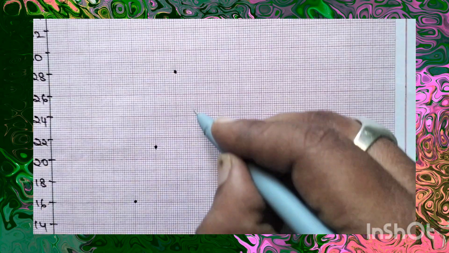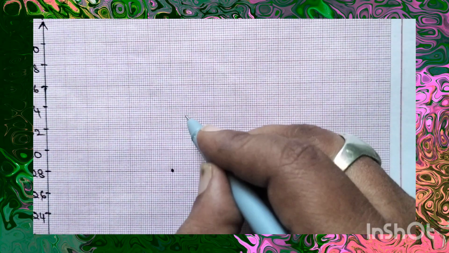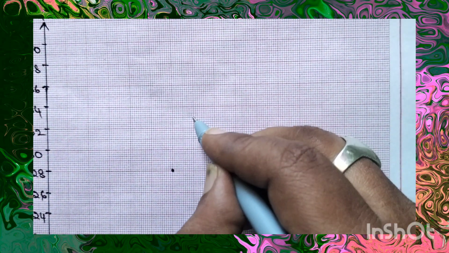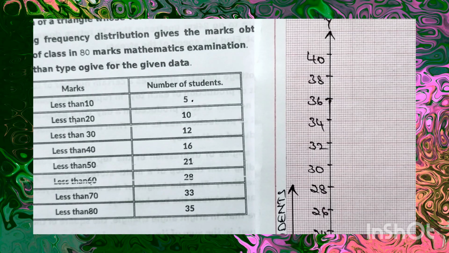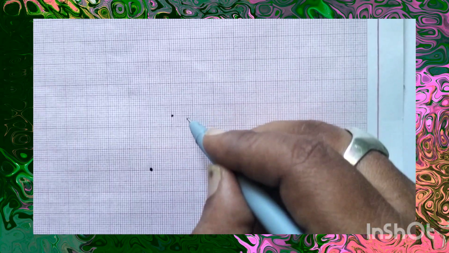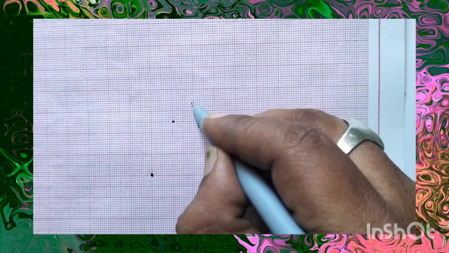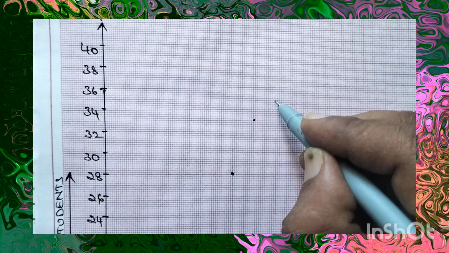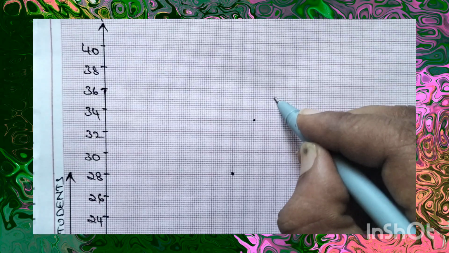So 33 lies between 32 and 34. Next, last, less than 80, 35. 35 lies between 34 and 36.